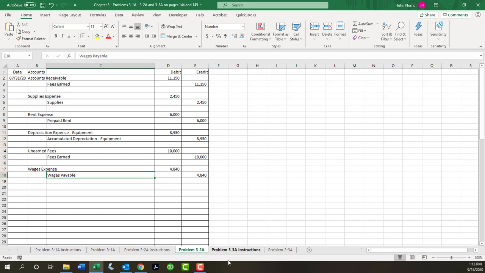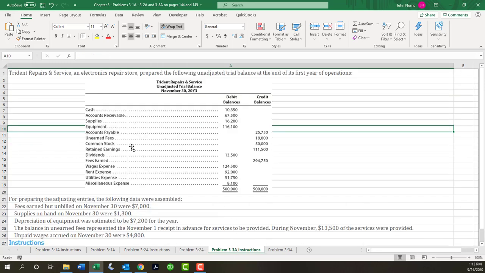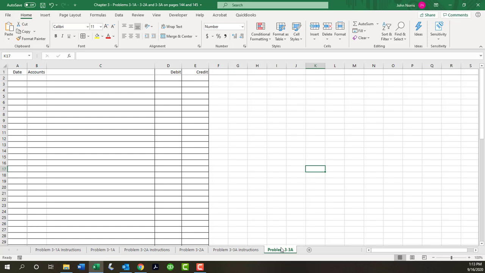And it gives us a balance sheet, the assets, the liabilities, 2 of them, 3 stockholders' equity with dividends, the revenue, and then 4 expenses. And then it also has 5 entries that need to be made. So this is all on November 30.